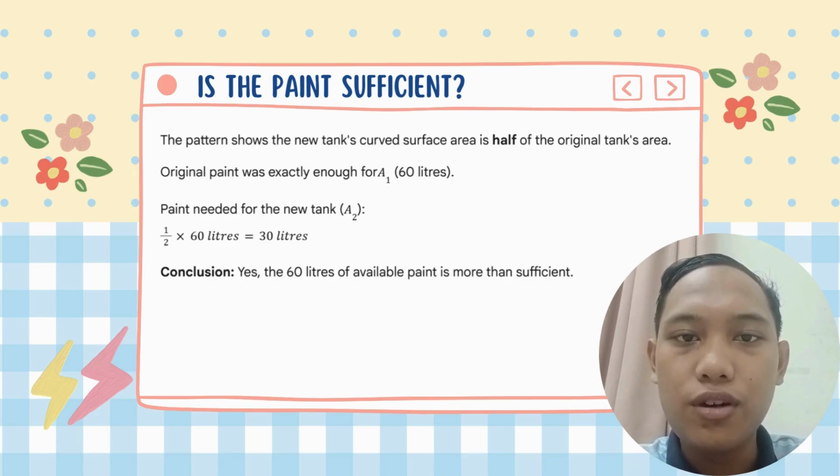So the paint needed for the new tank is half times 60 liters, which equals 30 liters. The club has 60 liters of paint available. Since they only need 30 liters, the paint is definitely sufficient, and that answers the main question of the problem.